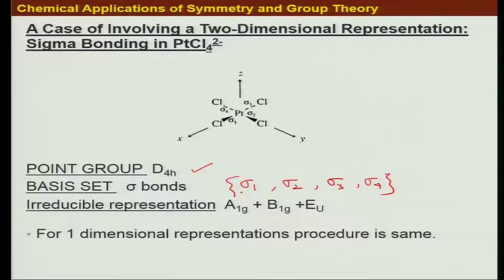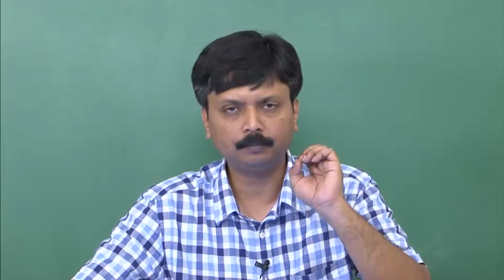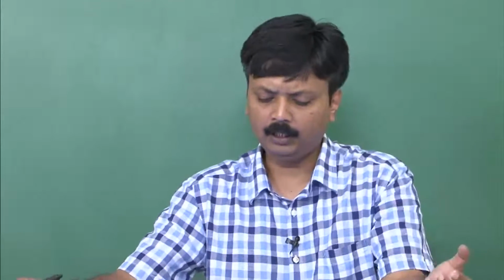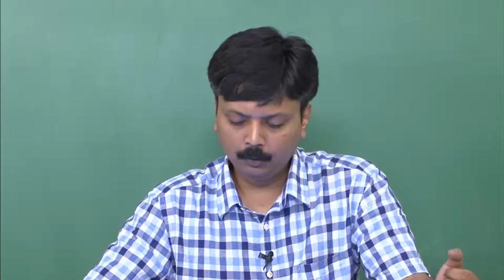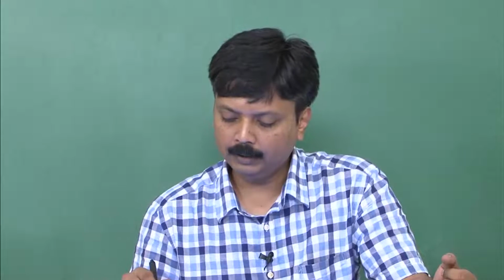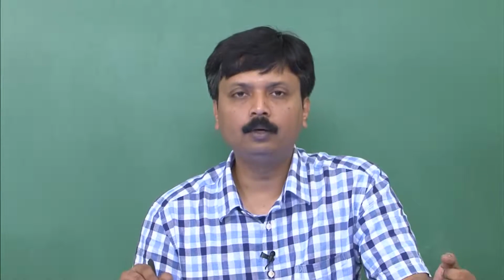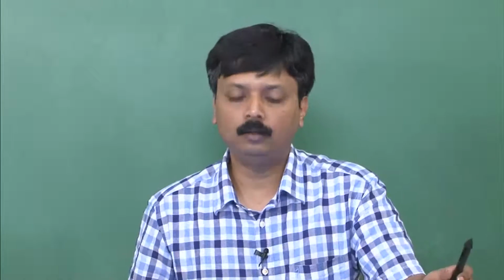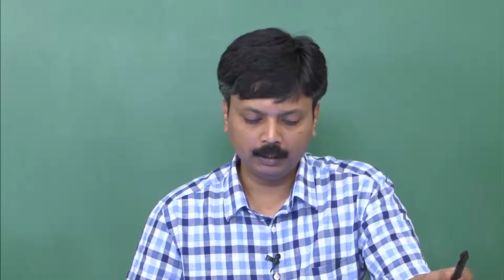That representation most likely is going to be reducible, because we are using these 4 basis functions. Once you get this representation based on this basis set, you consult the character table for the point group D4h, which is given here.